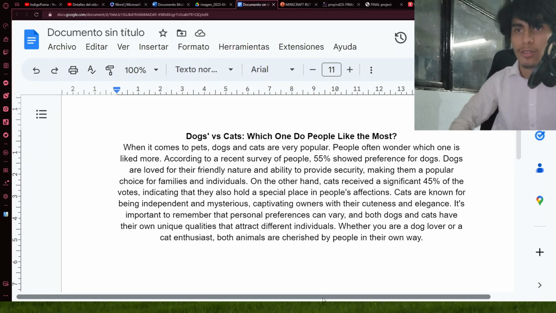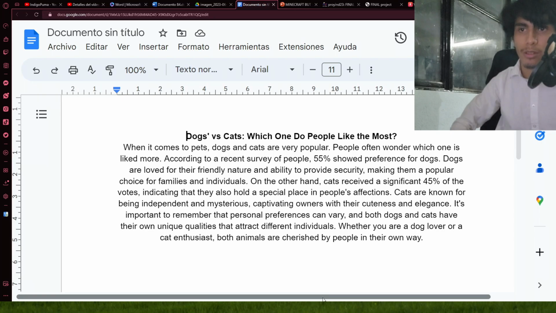Dogs are loved for their friendly nature and ability to provide security, making them a popular choice for families and individuals. On the other hand, cats received a significant 45% of the votes, indicating that they also hold a special place in people's affections. Cats are known for being independent and mysterious, captivating owners with their cuteness and elegance.